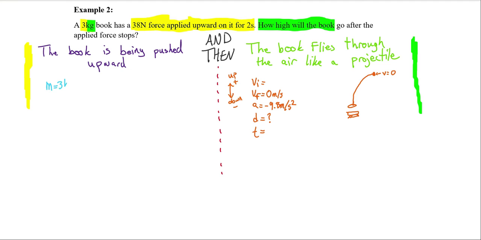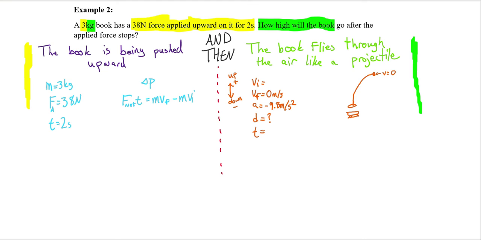We know a mass, we know a force, 38 newtons, this is the applied force, and we know a time, 2 seconds. Now in this case, I'm actually going to try to use impulse and momentum, because I know that my impulse, my change in momentum, is my net force multiplied by my time, and that is also equal to the mass times the final velocity minus the mass times the initial velocity.